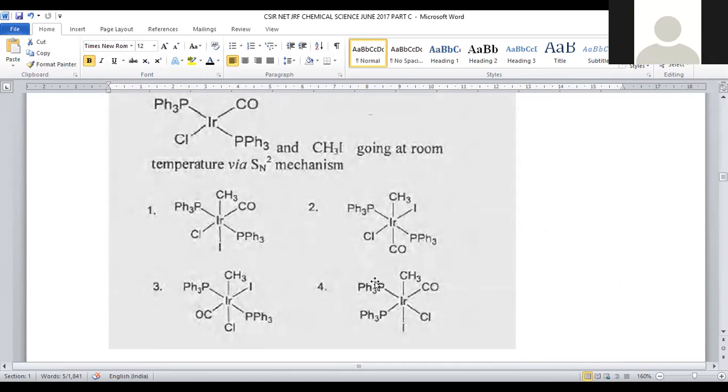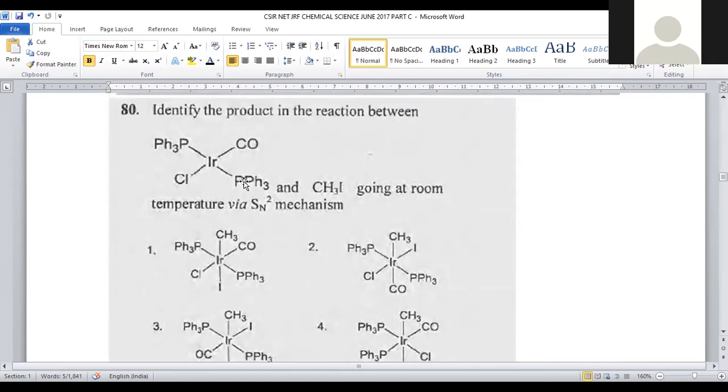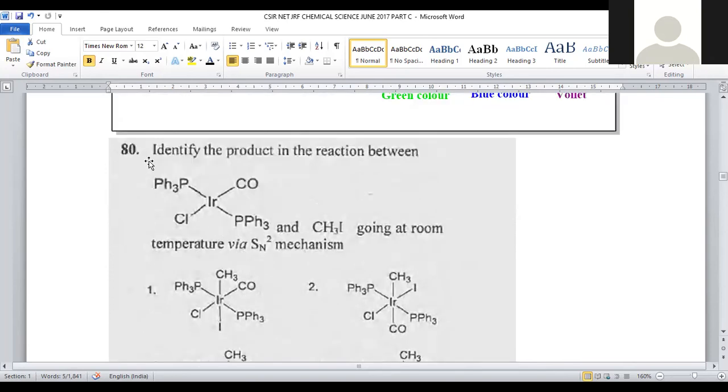Two triphenylphosphine groups are in the cis manner. So we are not going to change the already existing ligand positions. Only we are inserting methyl and iodo in two axial positions. Okay, so only option number 1 is satisfying this. For question number 80, option number 1 will be the right answer.